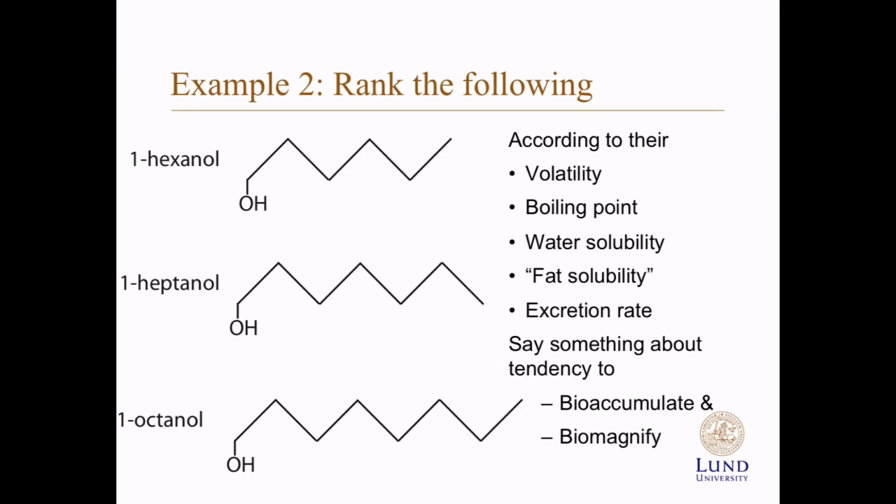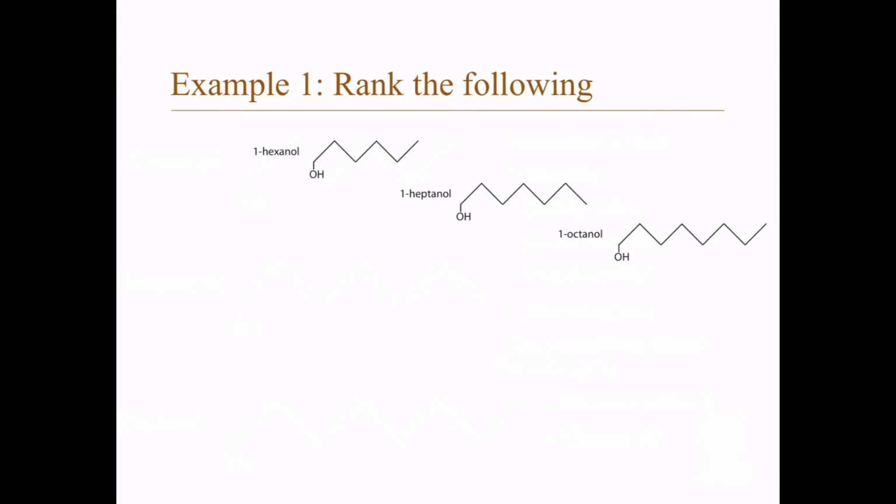Okay, let's take the second example. Here we had 1-hexanol, 1-heptanol and 1-octanol. And if we take volatility, well, the difference between these three is that 1-octanol is a longer or a larger molecule than 1-heptanol and 1-hexanol. And this is a bit like having Velcro.